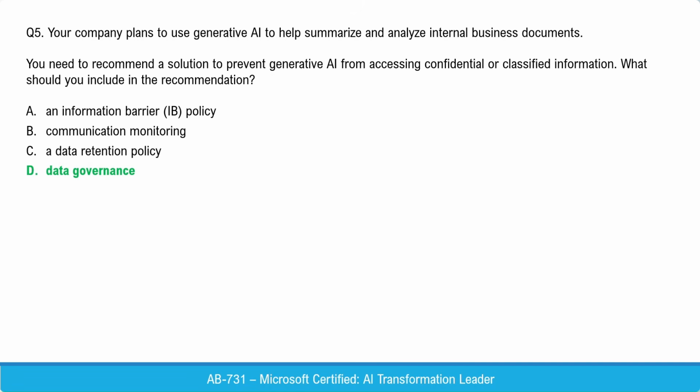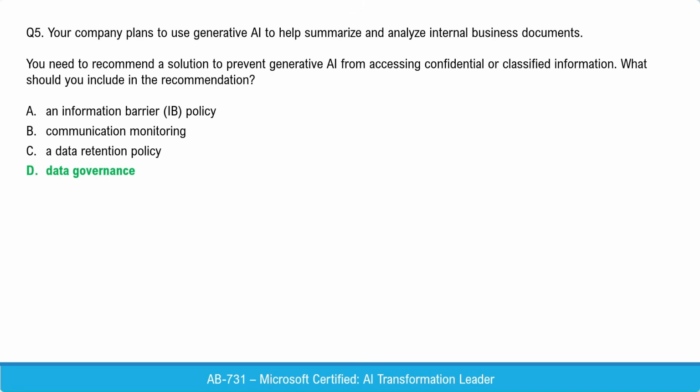Let's understand why. The question is about preventing Gen AI from accessing confidential or classified information. This is not just about restricting users, but about controlling how data is classified, stored, and made available to AI systems. Data governance provides this control. It ensures that documents are properly labeled using sensitivity labels like confidential or highly confidential.